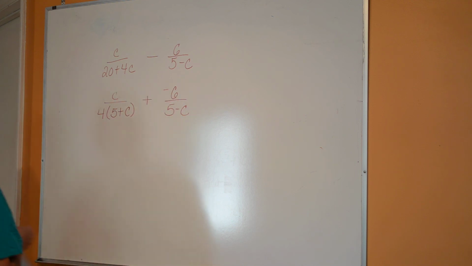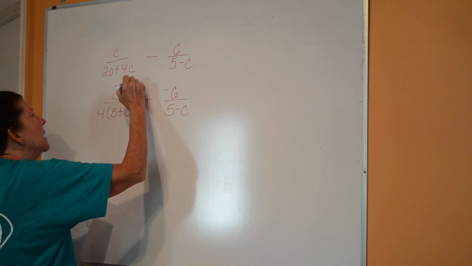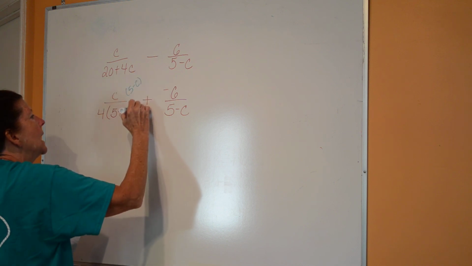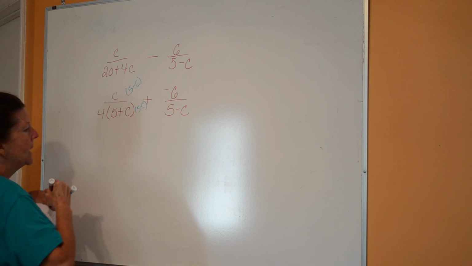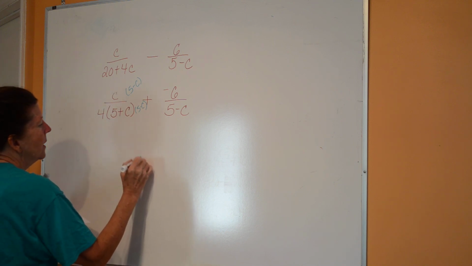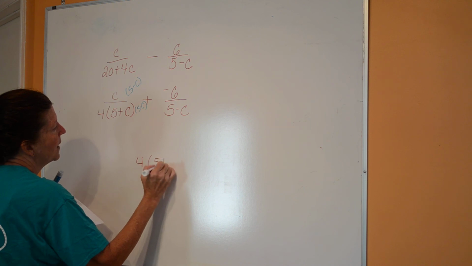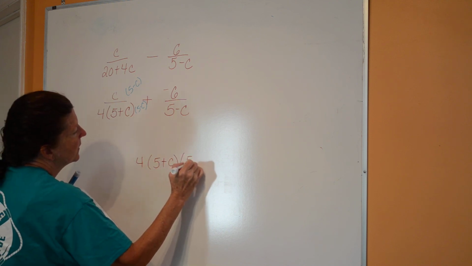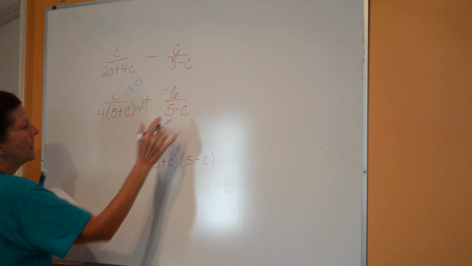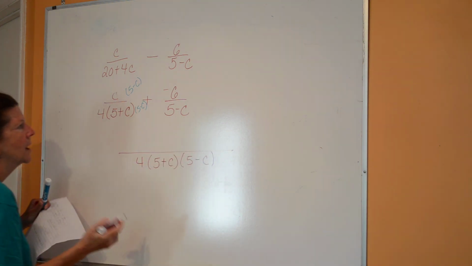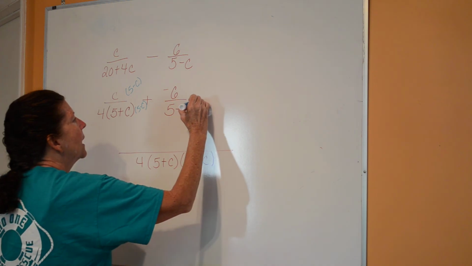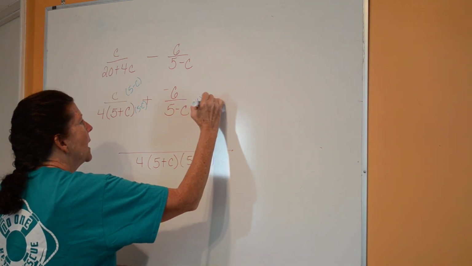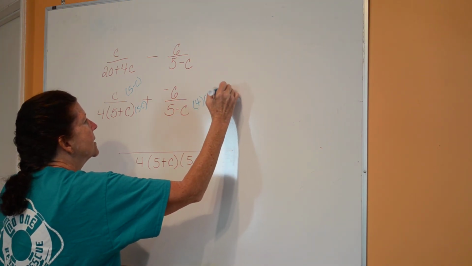What I multiply it by is 5 minus c and 5 minus c here, because my common denominator is 4 times 5 plus c times 5 minus c. It's got to be a combination of everything I have up here. They have nothing in common. Over here, I'm going to multiply it by 4 and a 5 plus c.